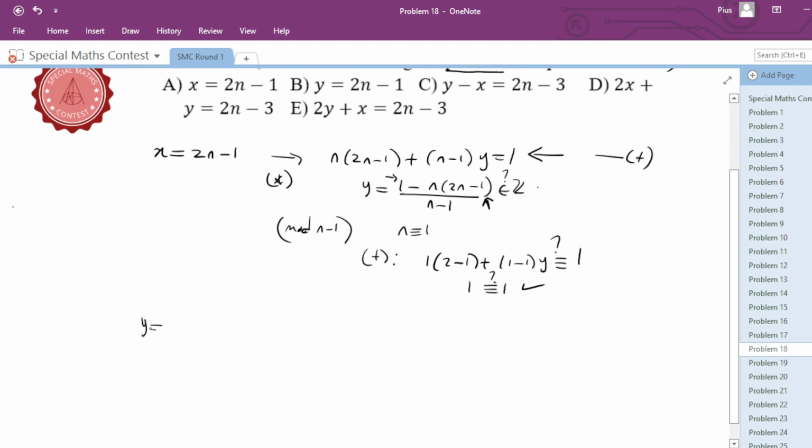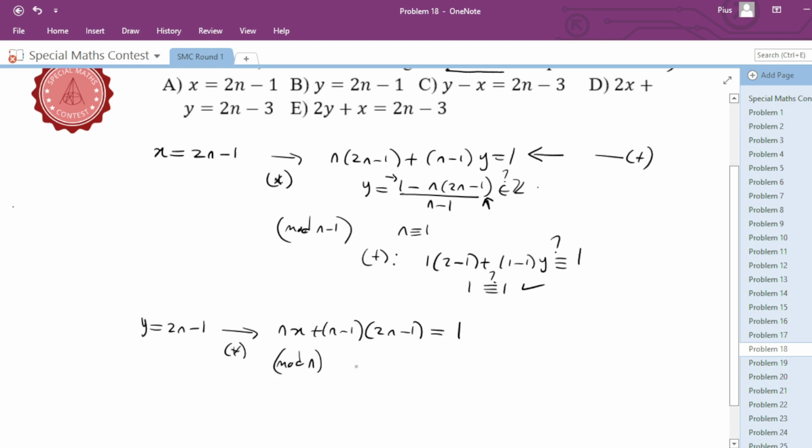For the second one, automatically y this time is an integer, so we need to make sure that x is an integer. So we have nx plus (n minus 1) times this is 1. So making x the subject here, the fraction will be over n. So you just need to take mod n and check when the congruence is going to be satisfied.